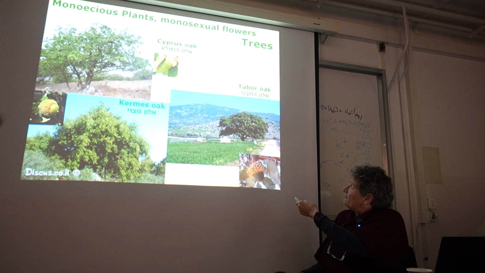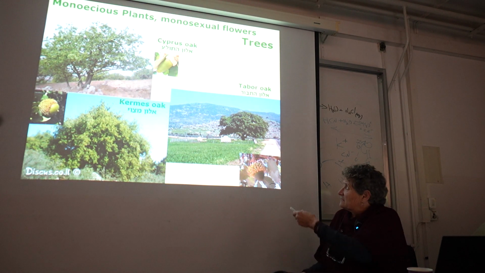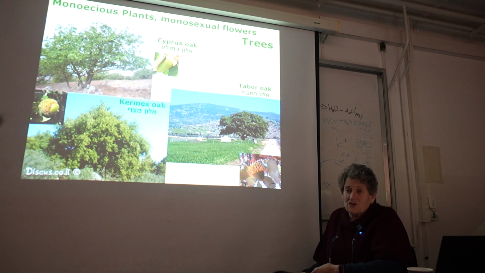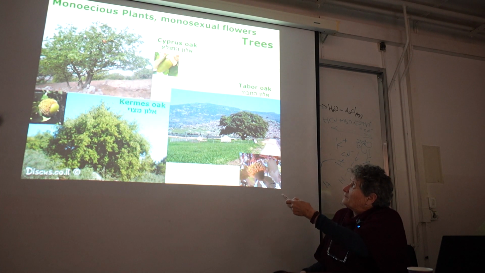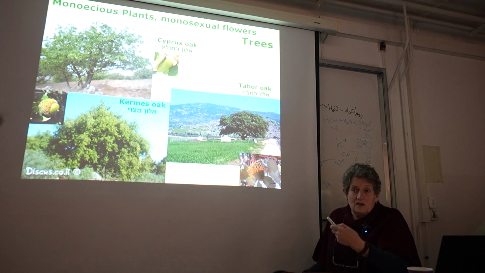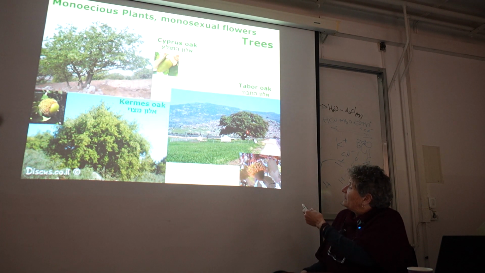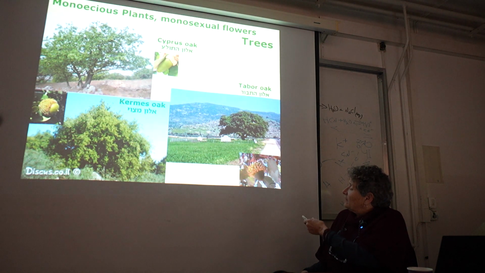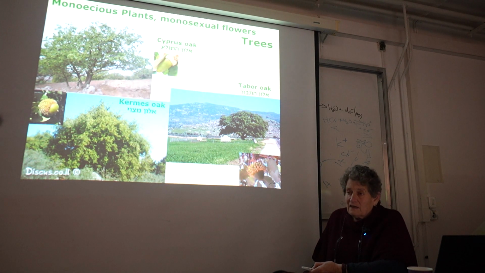And then we have the Tabor oak, which is found in warmer areas. It can be found around Beit Shemesh and also in the Golan Heights. And we have the cypress oak, which grows in cooler areas. You can see here that the way to tell them apart is by the shape of their fruits.